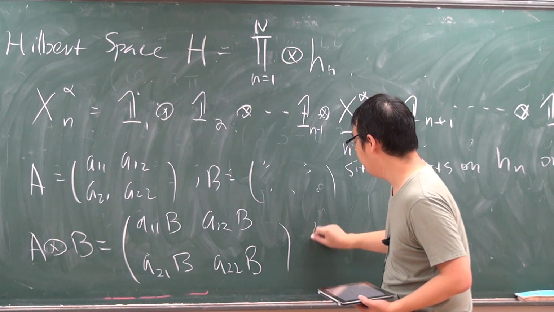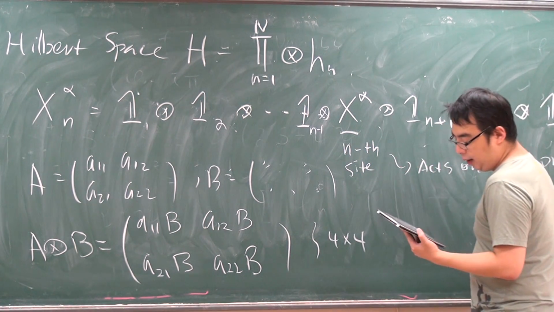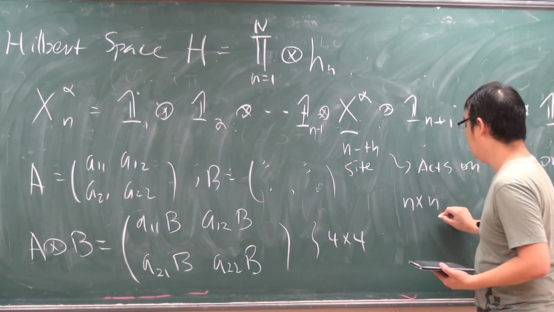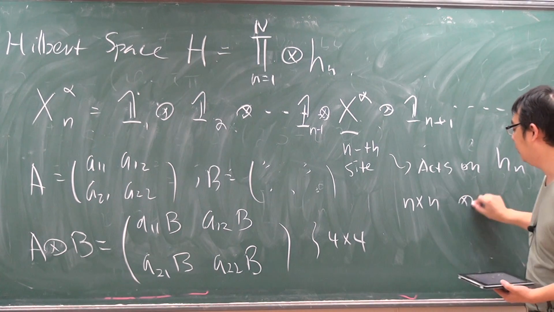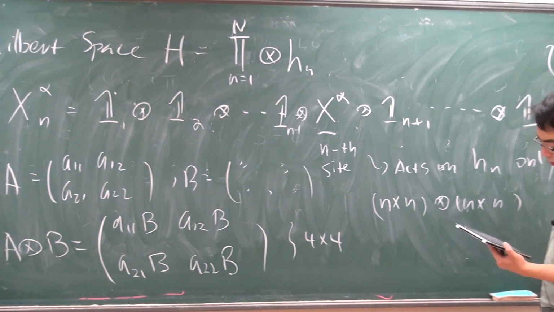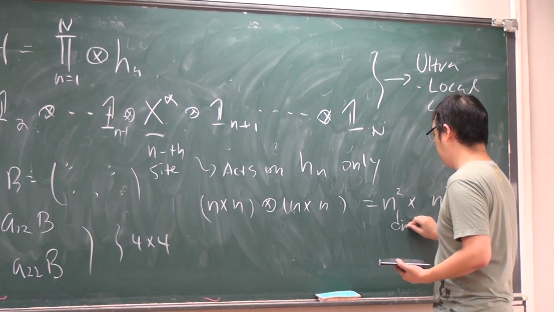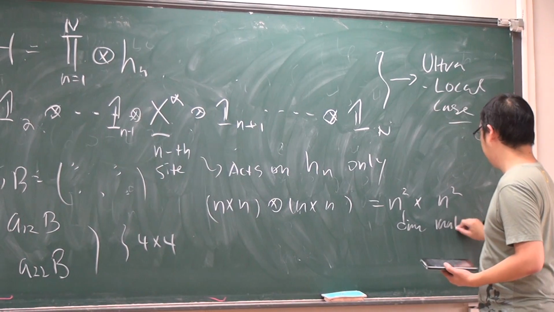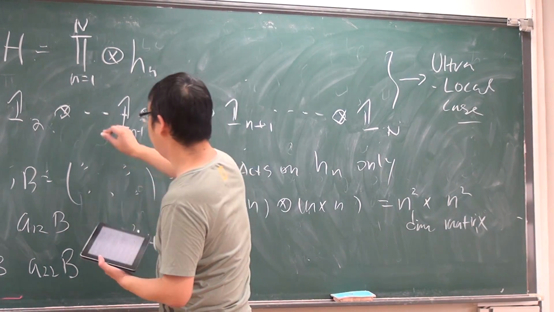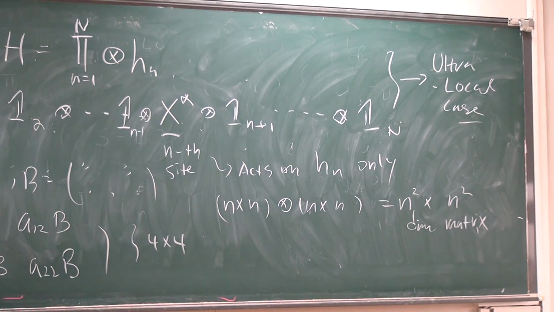So altogether, this would be a 4 by 4 matrix. Or generally, if you have two n by n matrices tensored together, we would get an n squared by n squared dimensional matrix, and the same with the vector space.